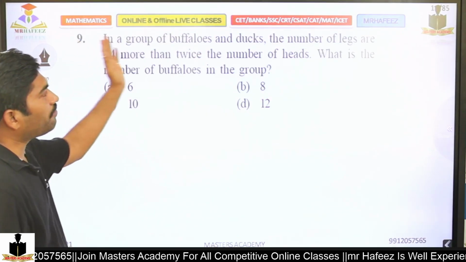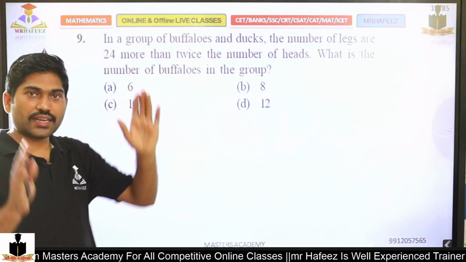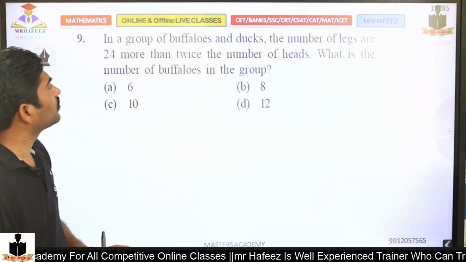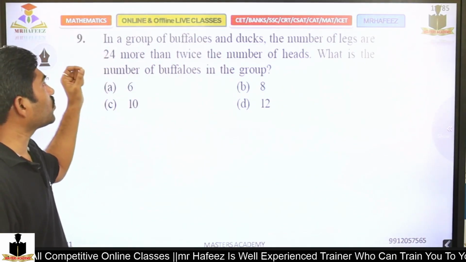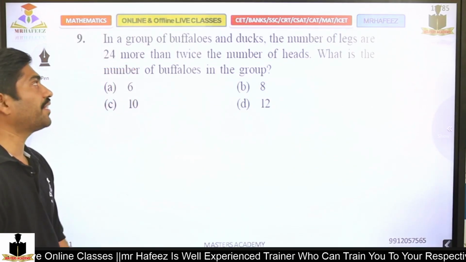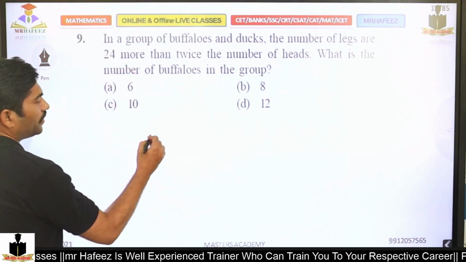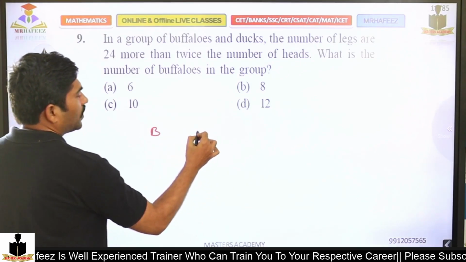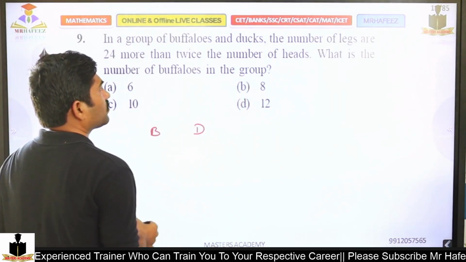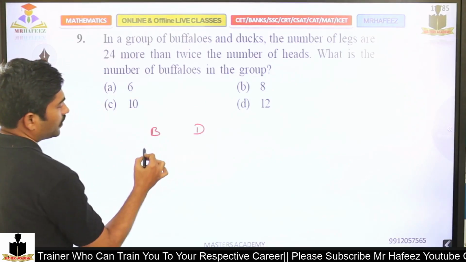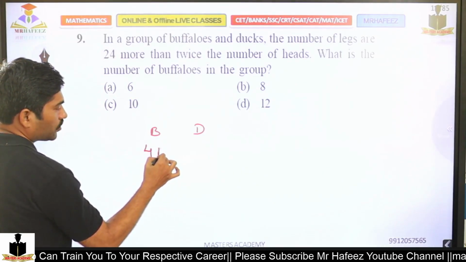So in a group of buffaloes and ducks, the number of legs are 24 more than twice the number of heads. There are few buffaloes, there are few ducks. The number of legs generally is 4 times buffaloes.